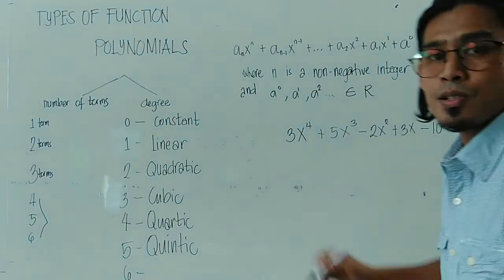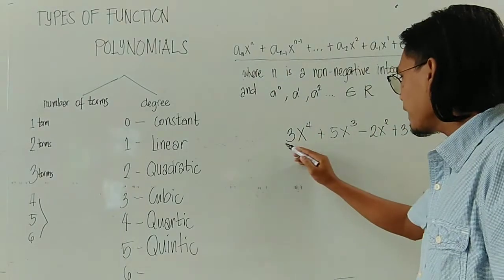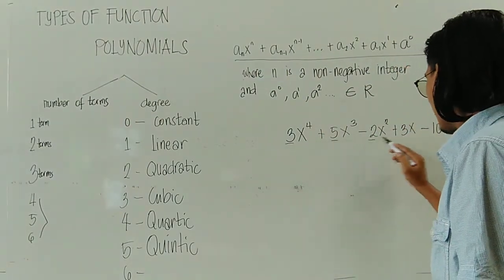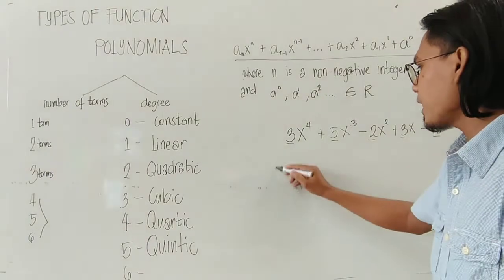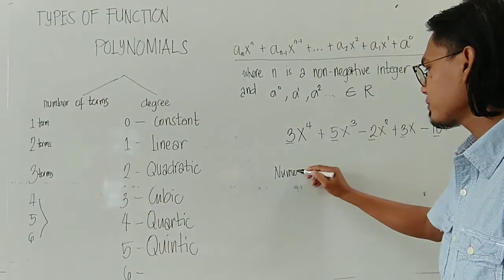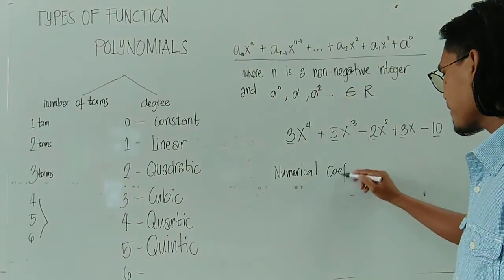Okay, so in the general form earlier, all the a's are the constants, or what are called numerical coefficients.